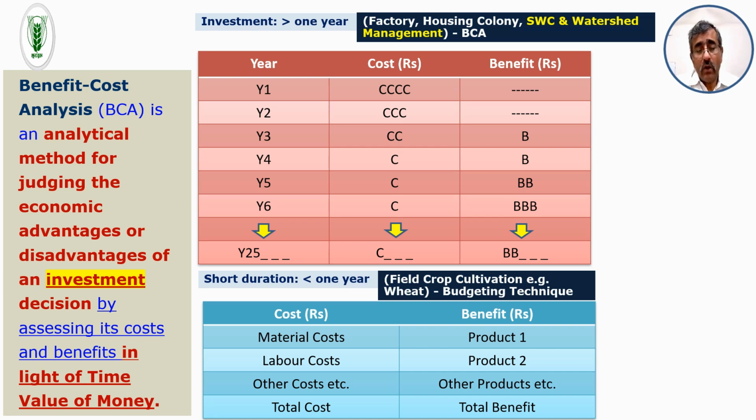Simply we add up the costs and add up the benefits, and those total costs and total benefits are used for doing the analysis. But a similar approach cannot be used in the case of the above table, where we have costs and benefits over a long period of time, because over a long period of time the concept of time value of money comes into play.